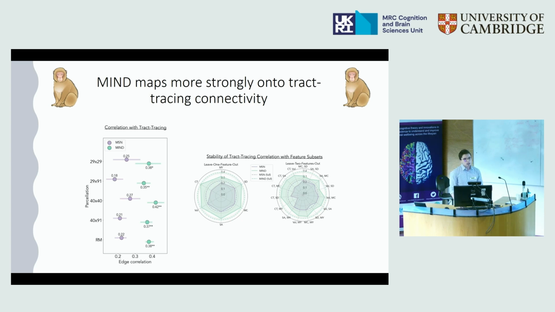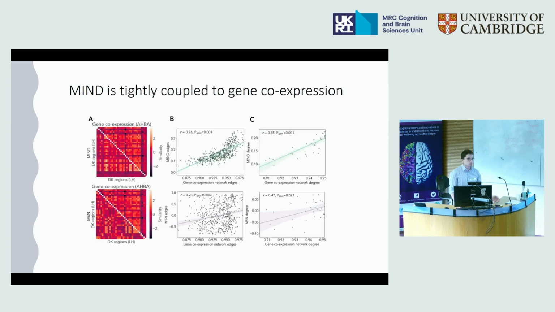What we did is we downloaded the Allen Human Brain Atlas dataset, which is a high-resolution gene expression dataset that is the only one in existence that has the spatial resolution needed to do this kind of analysis. It's from 6 adult brains. For each region in the Desikan-Killiany parcellation, we had a vector of gene expression values, and then we calculated the gene co-expression as the similarity between those gene expression profiles between each region.